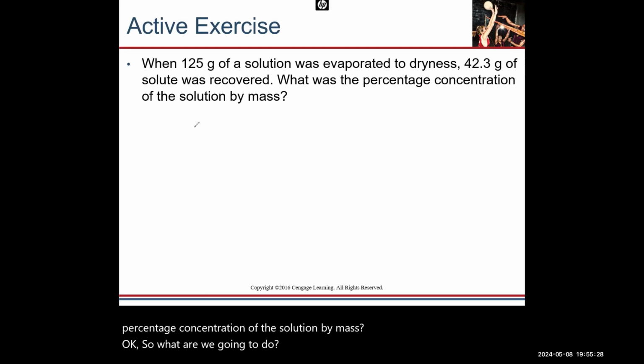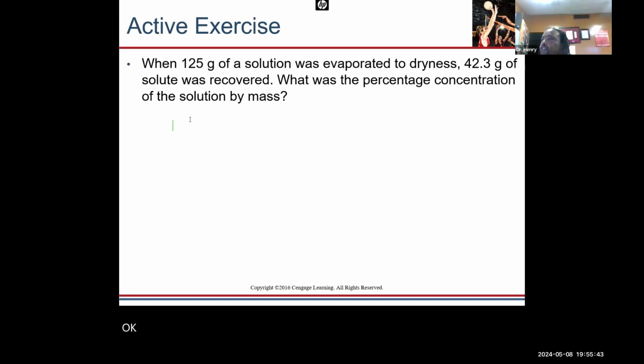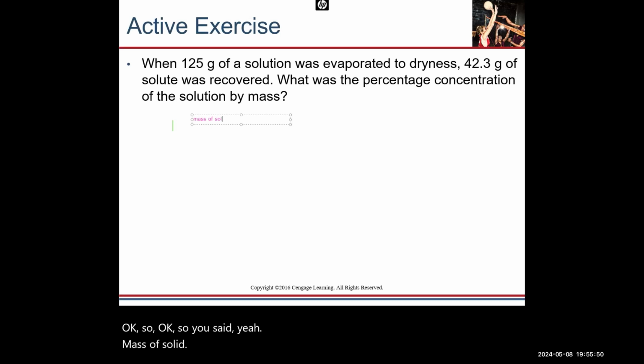Since we're doing the concentration by mass, we're using the first one, which is mass of solute over mass of solution times 100. Okay, so mass of our solute, 42.3 g over 125 g times 100.